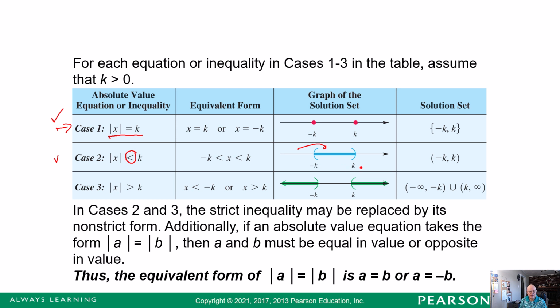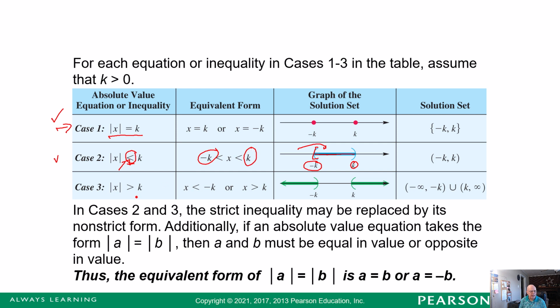If k is a positive number, then there's k, there's the opposite of k, and our solution set is everything between those two. If we decide we're going to make it less than or equal to, all that means is we'll have brackets here instead. But don't worry about that. That's real simple.